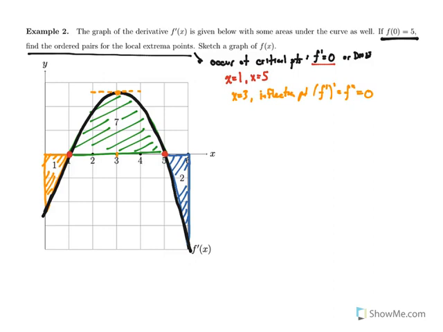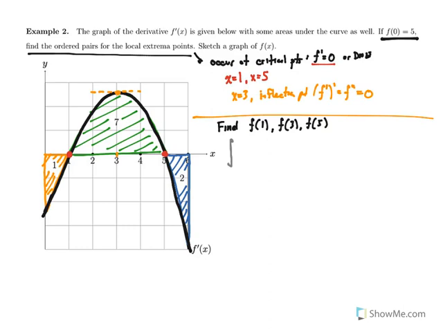All right, so we have these 3 points that we're going to be looking at, 1, 3, and 5, and I want to find the ordered pairs. That means I need to find the function values of those points. So I need to find f of 1, f of 3, and f of 5. And I'm going to use the fundamental theorem of calculus to do that.